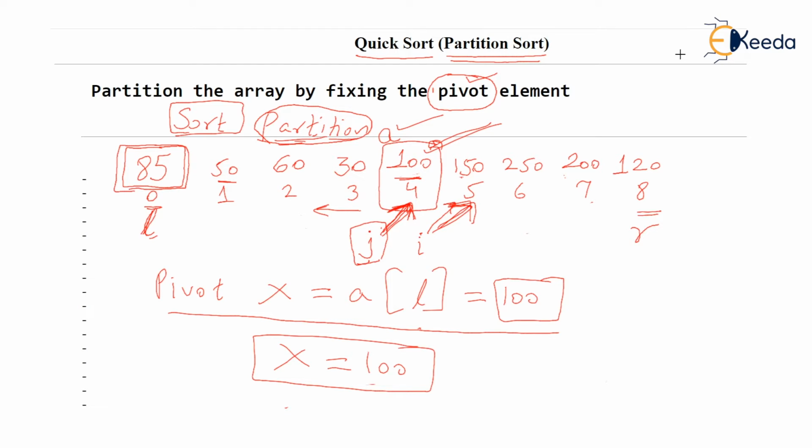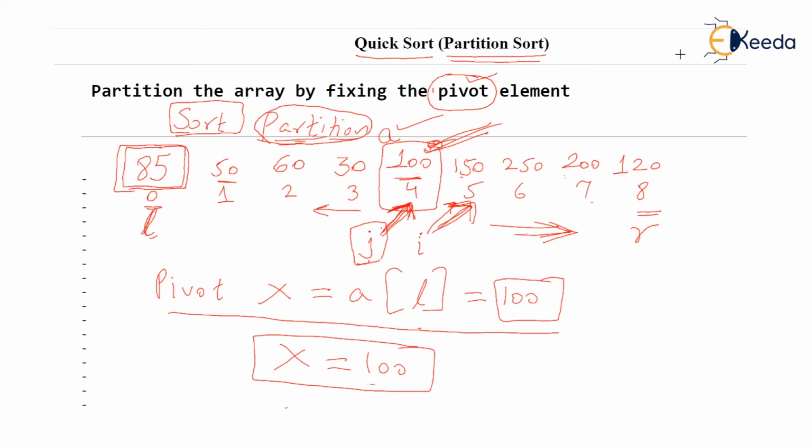And you notice all values greater than 100 are to the right of 100. Tell me, what is your comment on this 100 or the position of 100? Isn't it at its final place? That is when we will get the entire array sorted. I agree that the array is not yet sorted, but when the entire array gets sorted, 100 will be at the fourth place. So 100 is not going to move anywhere now, and we say 100 is fixed.